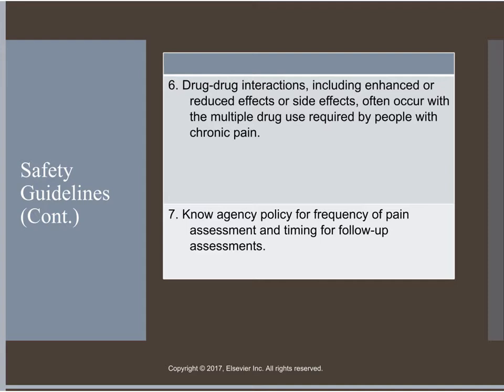Drug interactions, including enhanced or reduced effects or side effects, often occur with the multiple drug use required by people with chronic pain. This practice is termed rational polypharmacy or multimodal analgesia. Note agency policy for frequency of pain assessment and timing for follow-up assessments. The first 24 hours on opioids requires frequent assessment, at least every 4 hours.